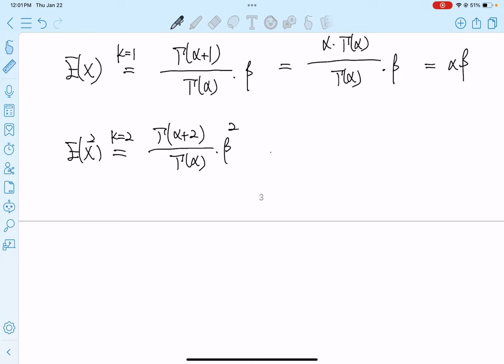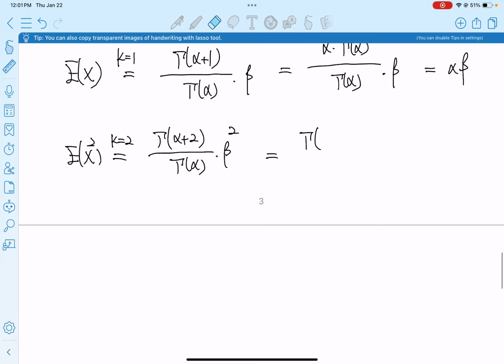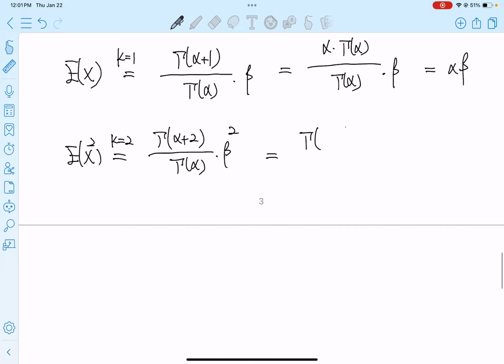Okay, so now let's simplify the numerator. The gamma function of alpha plus 1, alpha plus 2 is equal to alpha plus 1, and then multiplied by another alpha plus 1.